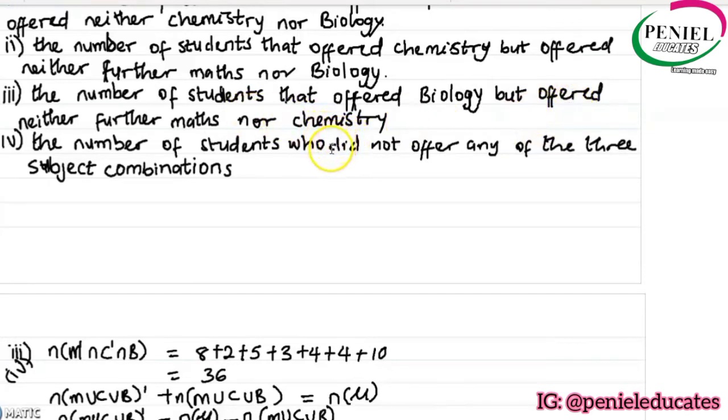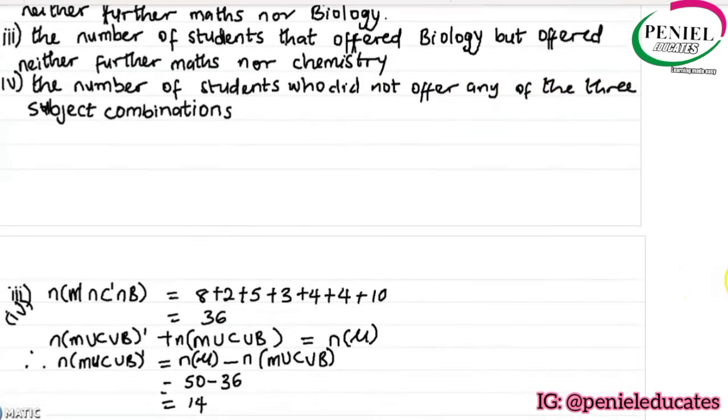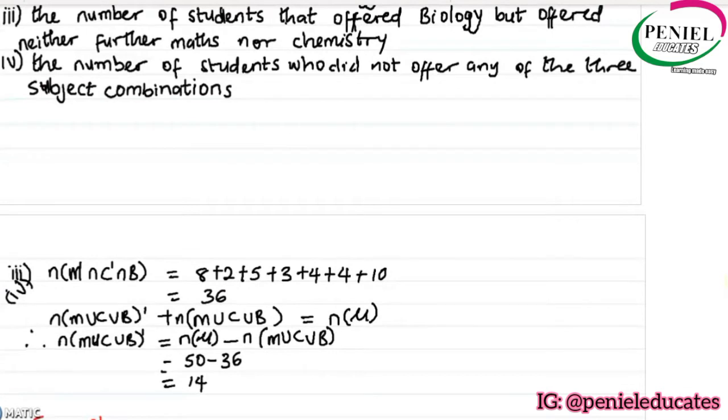That's the one that we did in the other ones. Okay, so now let us look at the other ones. We said the number of students who did not offer any of the three subjects.